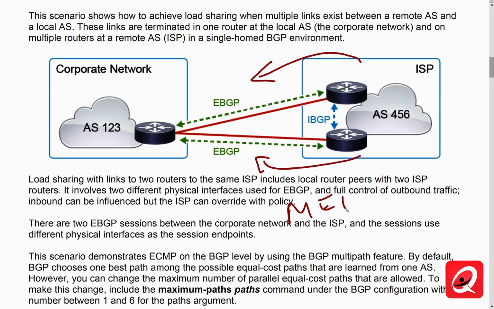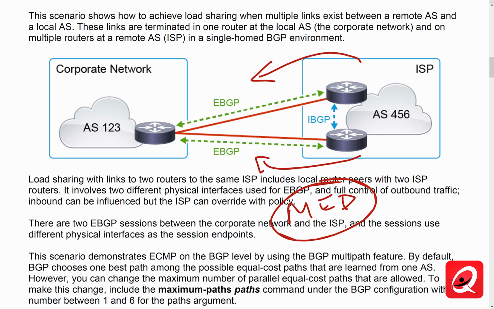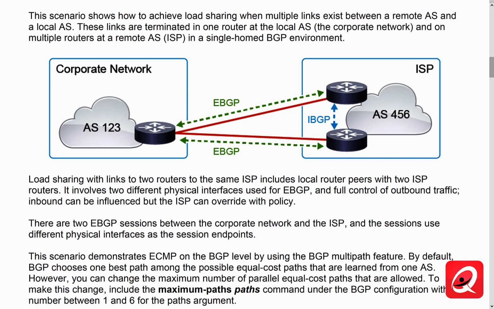We can choose the MED, which is an optional non-transitive attribute, or we can use AS path, which is a well-known mandatory attribute. But in any case, these are only suggestions that we can send to the service provider. The service provider ultimately has control on how they decide they want to route outside of their domain, in other words, traffic leaving their domain.